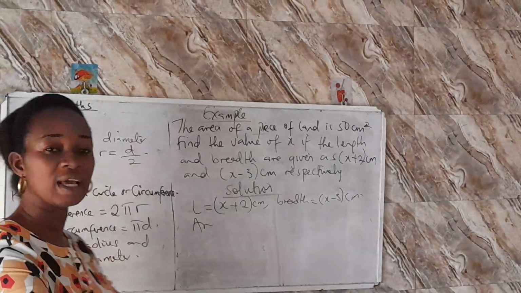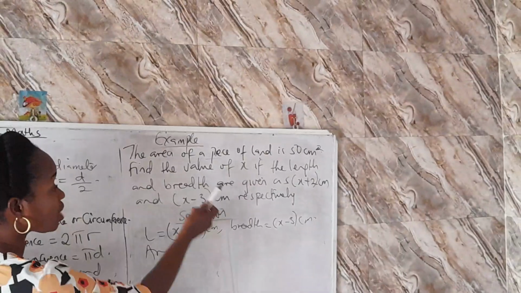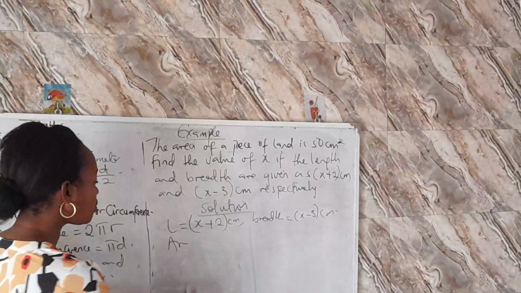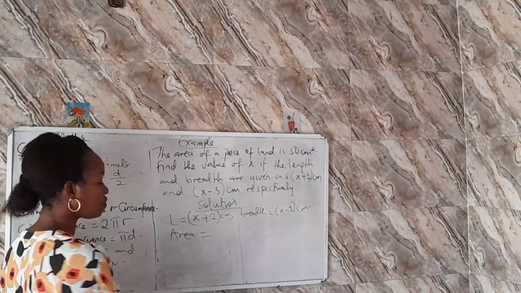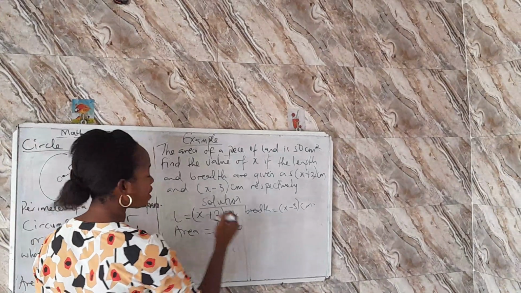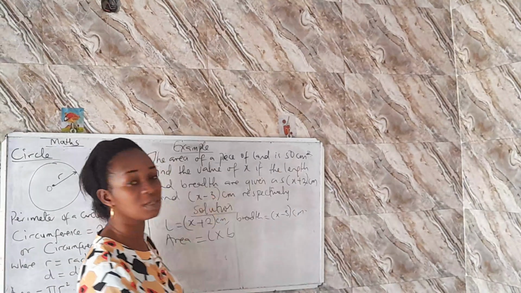A piece of land has a rectangular shape, so because we are given the length and breadth, we are talking of the area of a rectangle. Recall that the area of a rectangle is length times breadth.